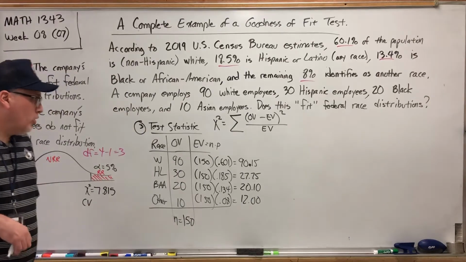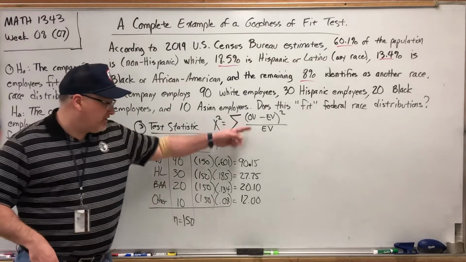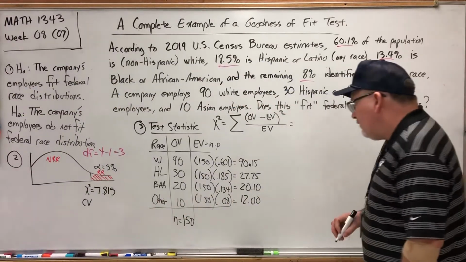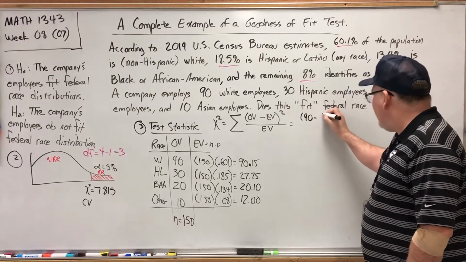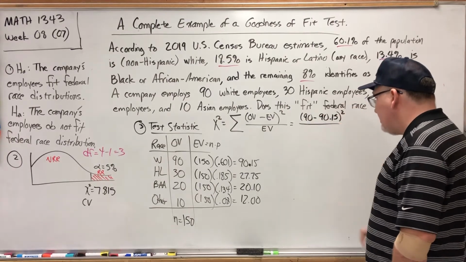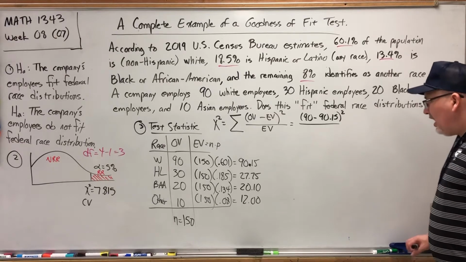All right, so we need to calculate our test statistic by setting up this fraction for each category, for each race. So, for white, we observed 90, but we expected 90.15. That difference will get squared and divided by 90.15. You know what?